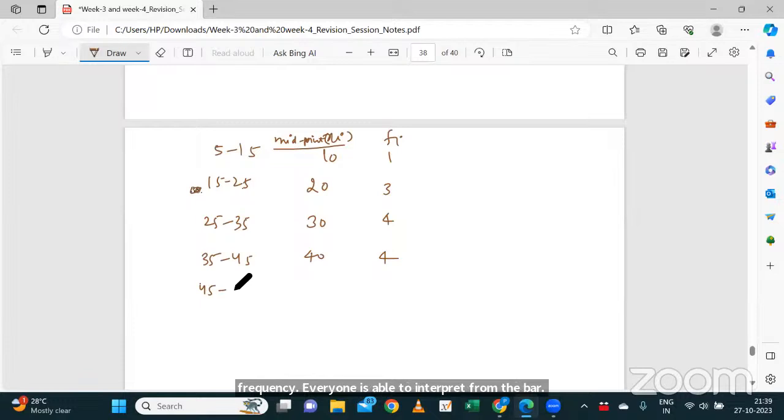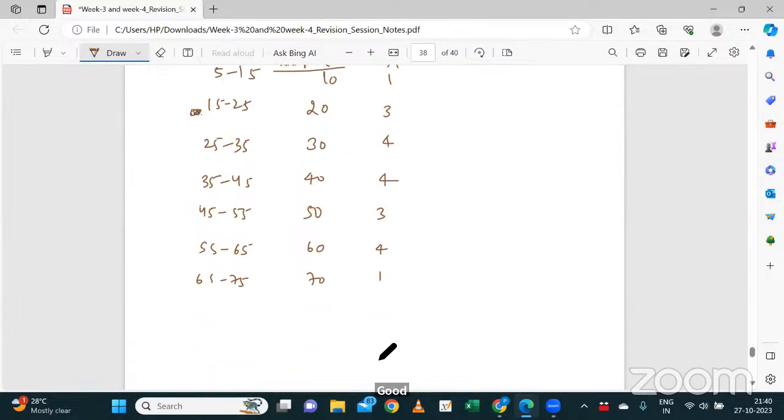So 45 to 55, it will be 50. What is the frequency? 3. Then the bar will be like this. Next midpoint is 60, frequency 4. Then 65 to 75, it will be 70. What is the frequency? 1.